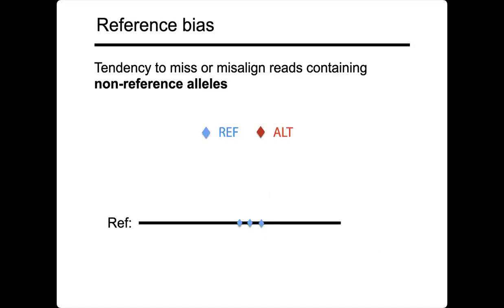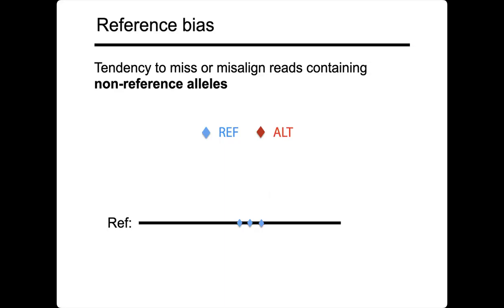So let me just spend a few slides filling in some details on what we tend to call reference bias. Okay, so when we take a reference genome, let's say a single reference genome, and we align sequencing reads to it, sequencing reads are from another individual, right? A genetically distinct individual from the reference genome.